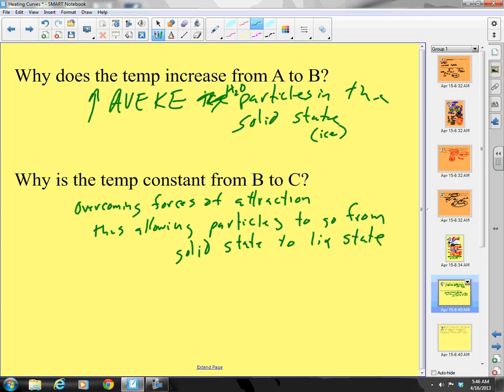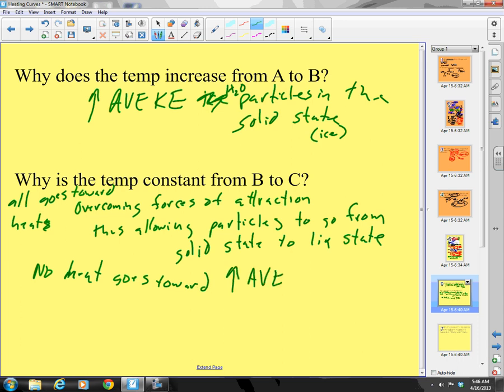Got it? And I guess I should be a little more clear here. All heat goes toward overcoming. No heat goes toward increasing average kinetic energy. Cool.